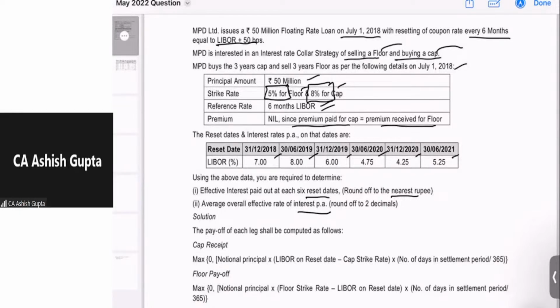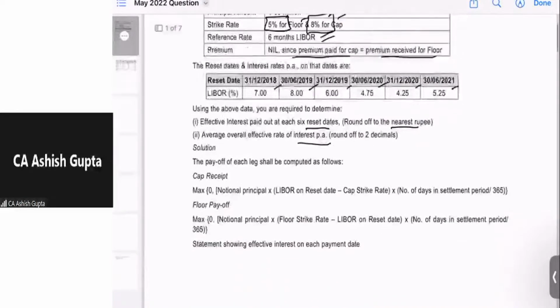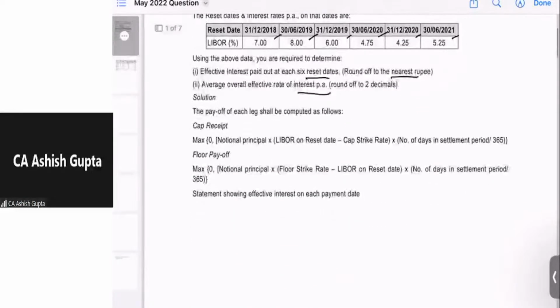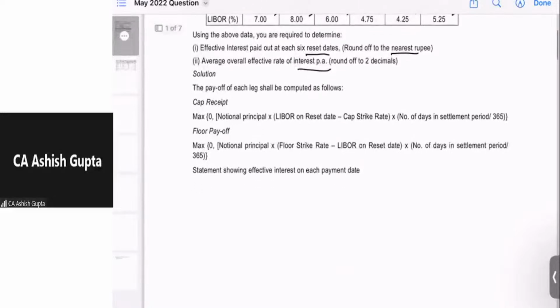Accordingly, we show here, one second. Now, what will be our cap receipt? The cap receipt will be the maximum of 0 and the notional principal amount into the LIBOR on the reset date minus the strike rate.